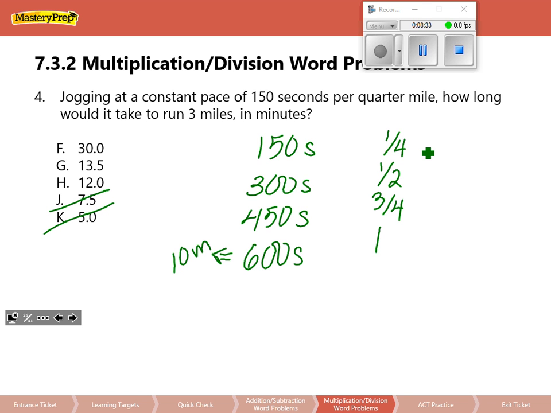Well, no. Because it took them just 10 minutes to go 1 mile. How many more miles do we need to go? 2 more. If each mile is 10, we're going a total of, so how long would it be? 30. Questions on this here?